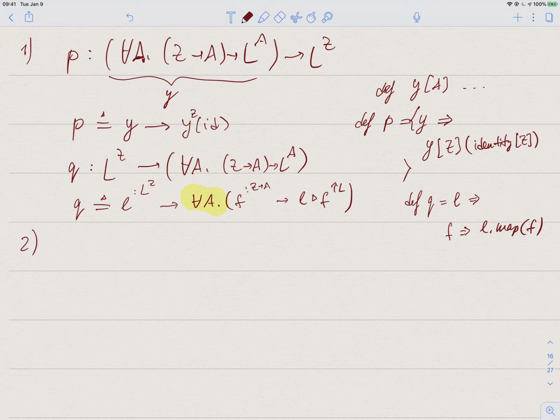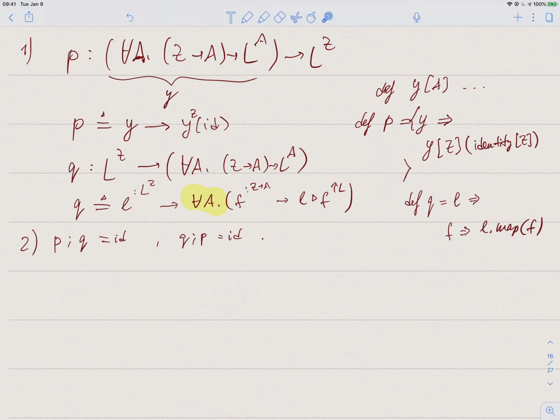So I defined the functions P and Q, and now I need to prove that P before Q is identity, and Q before P is identity. How do I prove that? So P before Q. So P is applied to some Y of this type.